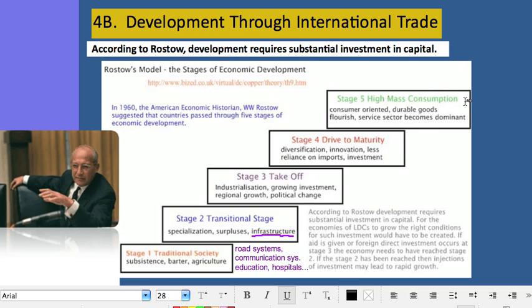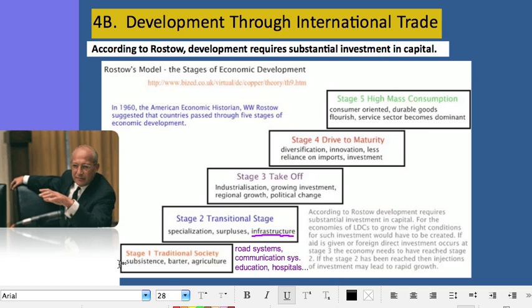So you now have a consumer-oriented society, providing products for your consumers, your citizens. You still have your durable goods. Those are goods that will last a long time, like your cars or machinery. And then you also see the service sector become dominant. So you see more and more people working in service sector jobs than in industry, where in stage 4 you see more industry sector jobs, your secondary sector jobs.